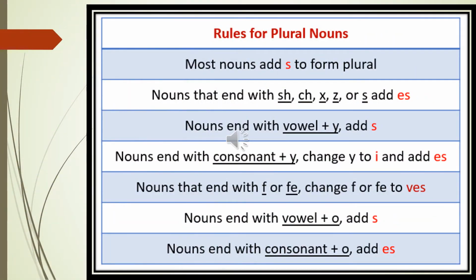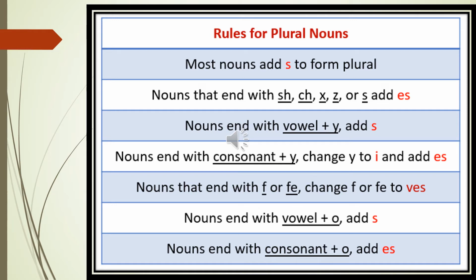Now we will revise some common rules for changing singular into plural, which we have studied in both earlier videos, part 1 and part 2. By learning this table, you can remember how to turn singular into plural. Most nouns add s to form plural, like book, books. Nouns that end with sh, ch, x, z or s add es. Nouns that end with vowel plus y add s.